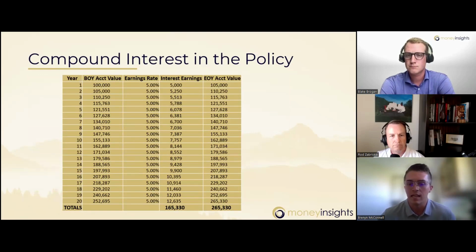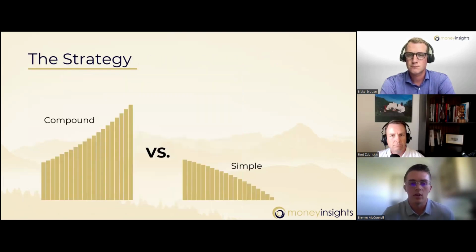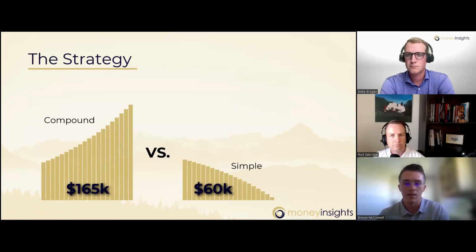And at the end of the same 20 years, we earn a total of $165,000 of interest. So we earned $165,000 in compounding interest. We paid $60,000 in simple interest. And so by utilizing the investment optimizer, we're able to add an additional $105,000 to our portfolio just by using the policy.